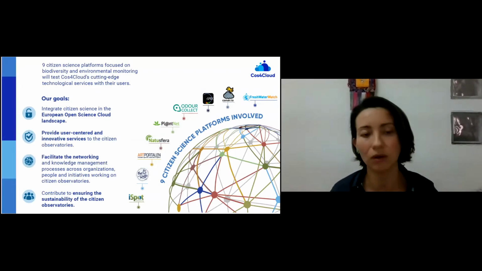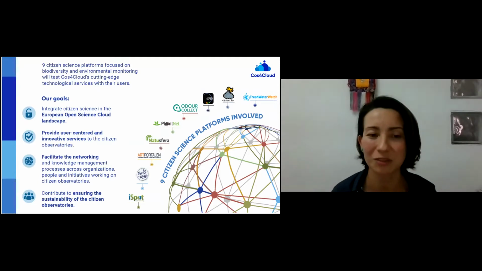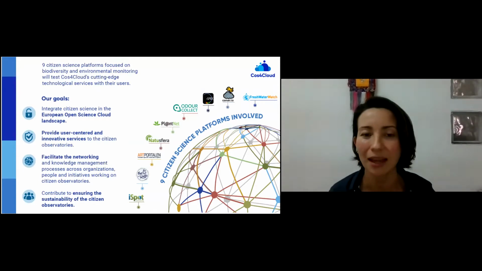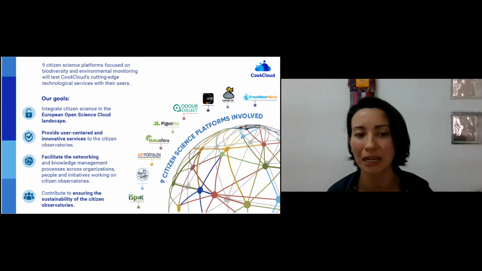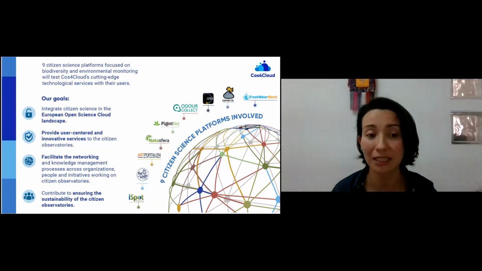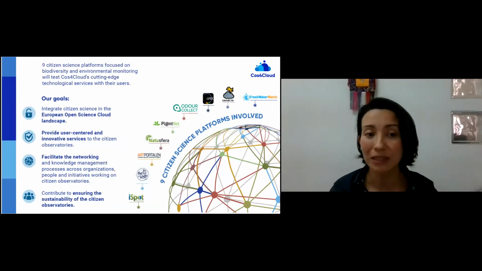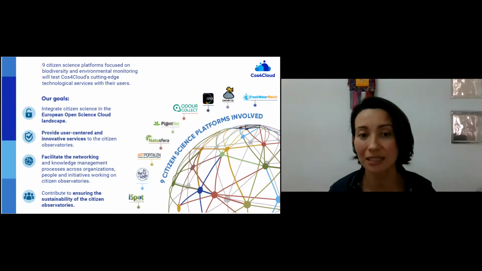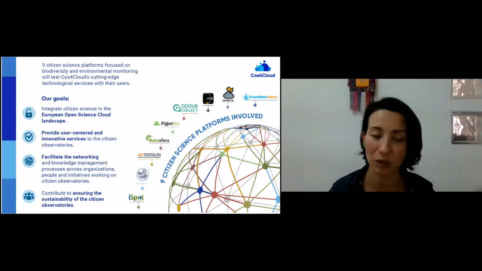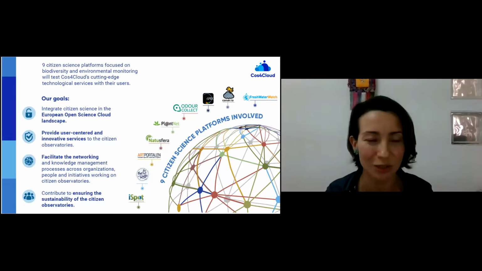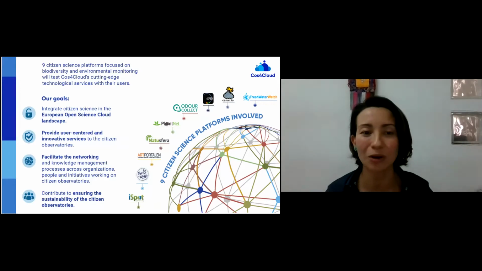Cause for Cloud, or Citizen Observatory Services for the European Open Science Cloud, is a project developed by a consortium of 15 organizations located mainly in Europe and Colombia in South America. It's a project funded by the European Union's Horizon 2020 Research and Innovation Program. The project aims to develop digital services so that citizen science platforms known as citizen observatories, we will see this later thanks to Margaret, are viable in the long term and more global in scope.